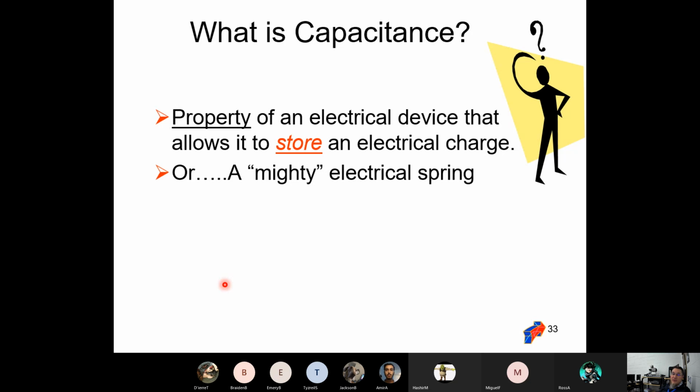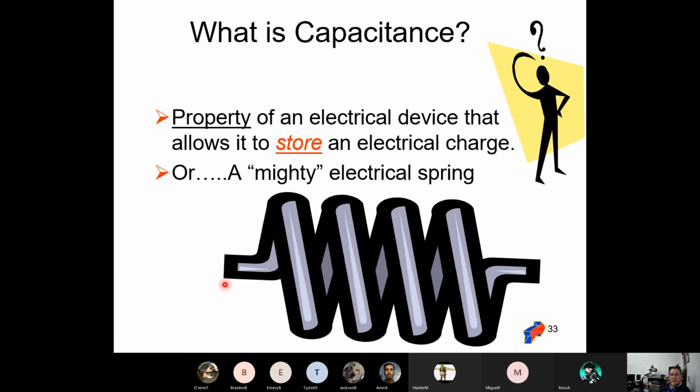In this case, they're going to say it's like a mighty electrical spring. Wait, so just make sure you have that, what capacitance is. No fancy boing sound. I expected like a cheesy sound effect right there. Boing. I'll make one for you. It is a PowerPoint that took PLTW's information and made it easier to understand.